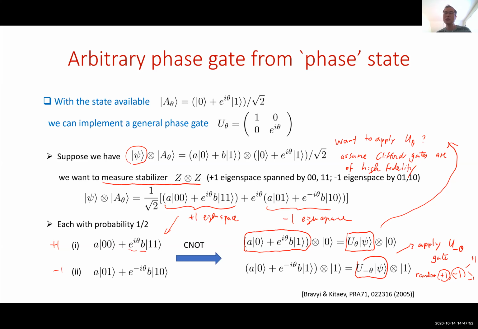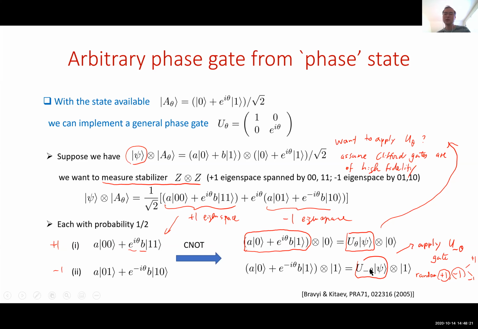Running a random walk, there is a finite probability that you will get back to +1. So this is a probabilistic procedure, because you are going to use many copies of A theta, but you know when you succeed. If you measure +1, then you stop and declare that you have successfully applied U theta.